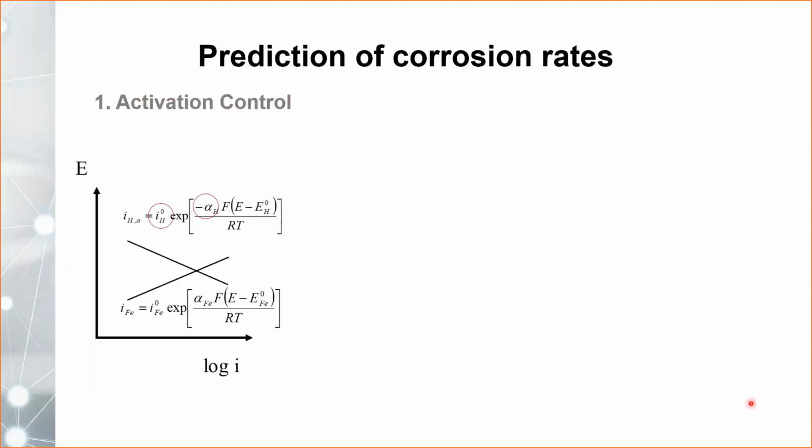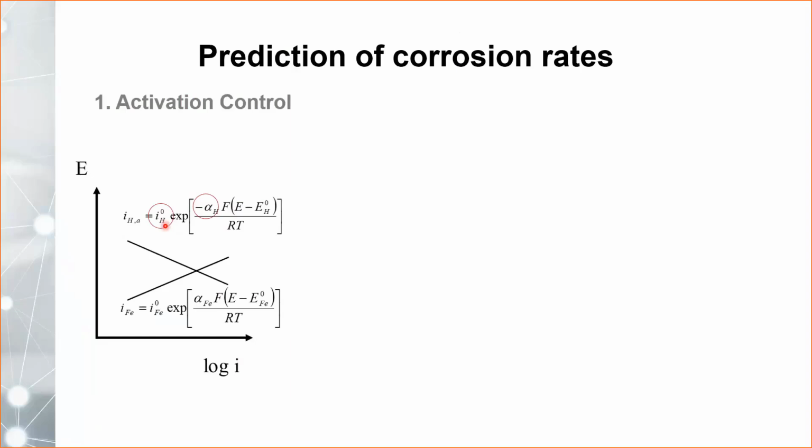The prediction of corrosion rates is done using the activation control. Here, the Butler-Volmer equation is used for the activation control kinetics. The electrochemical transfer coefficient, alpha, and the exchange current density are both regressed from experimental data.